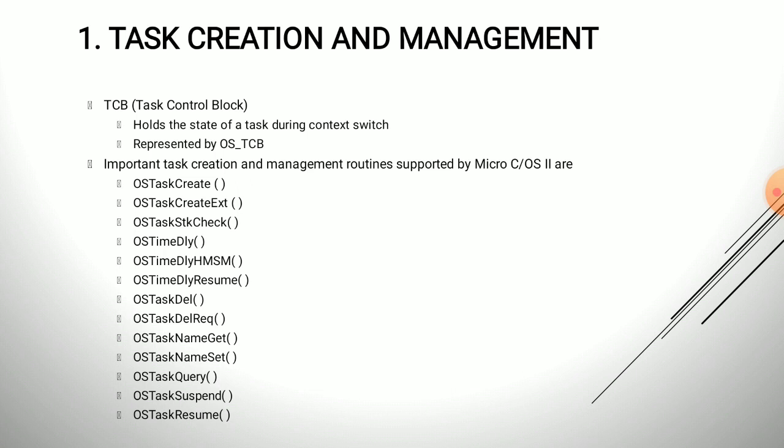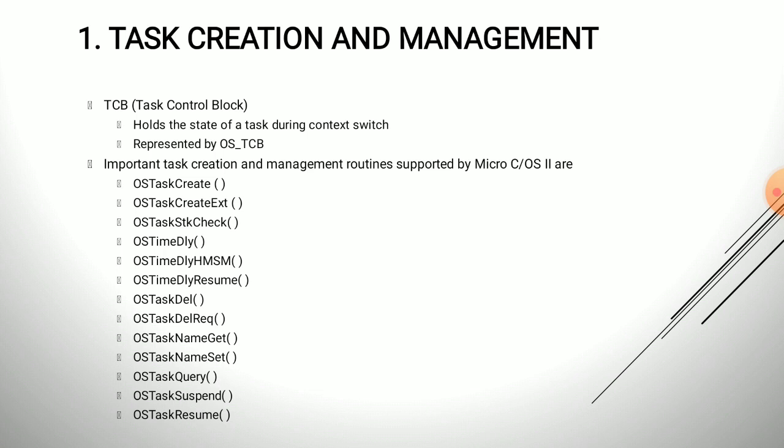Then next function is OS time DLY HMSM function, that is OS time delay hour, minute, second and milliseconds function. This one also delays the task for the specified duration, but the delay time is specified by the combination of hours, minutes, seconds and milliseconds.